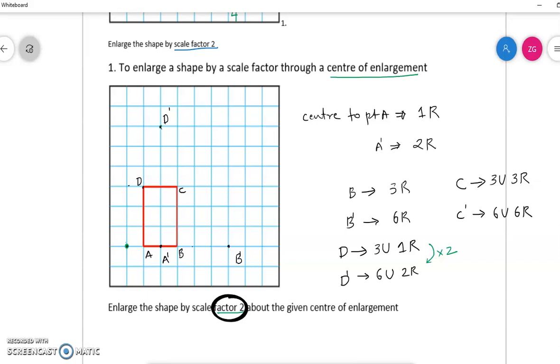From the center you go 6 steps up and 6 right: 1, 2, 3, 4, 5, 6 up, and 1, 2, 3, 4, 5, 6 right. So you reach here. This is my point C dash. Now join your points A, B, C, D and you get your required image.